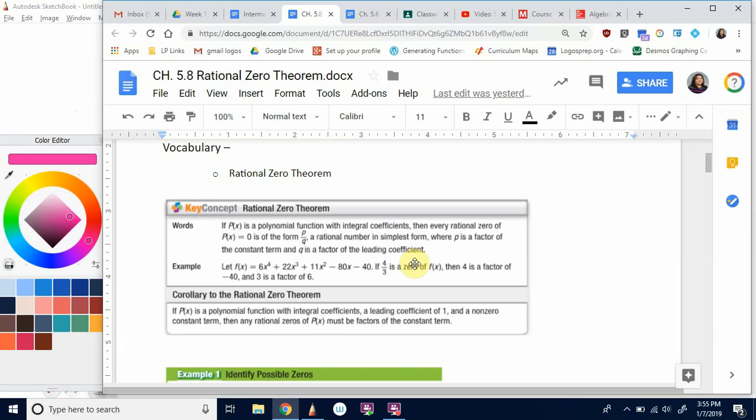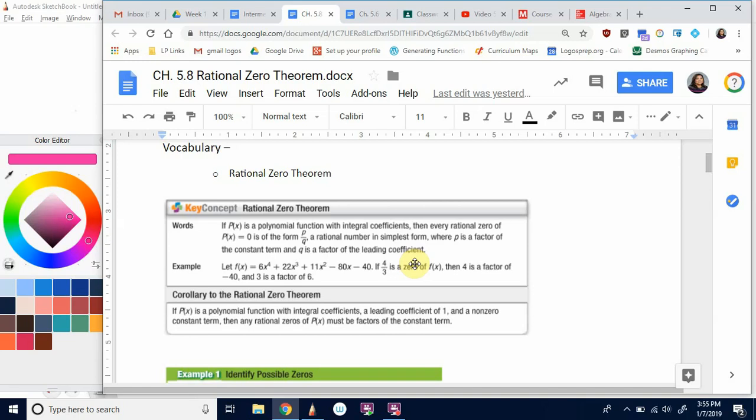So what they're saying, if you have a polynomial function with coefficients that are integers, then every rational zero of p of x equals 0, and we learned that a couple of chapters ago with the remainder and the factor theorem, is in the form of p over q, a rational number in simplest form. And it could be 3 over 1, which is just 3, right? Where p is a factor of the constant term and q is a factor of the lead coefficient.